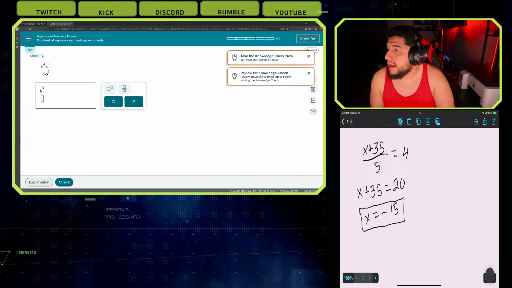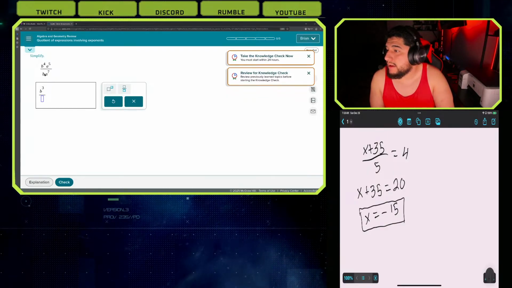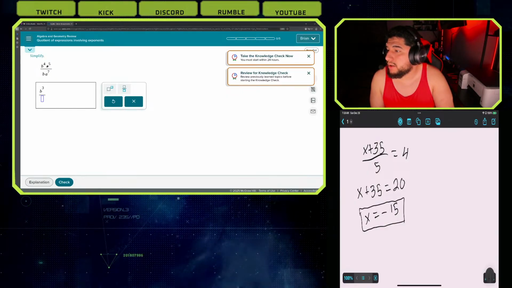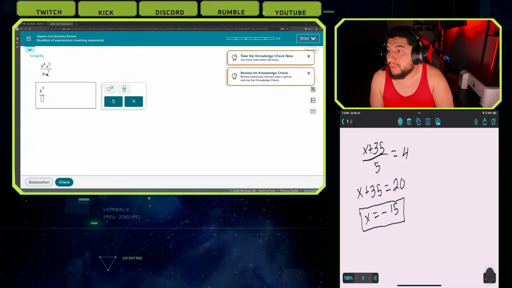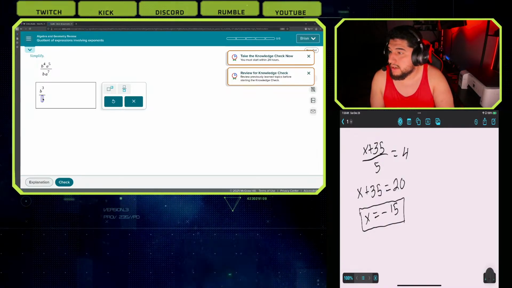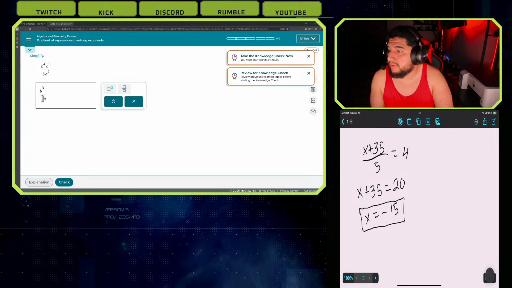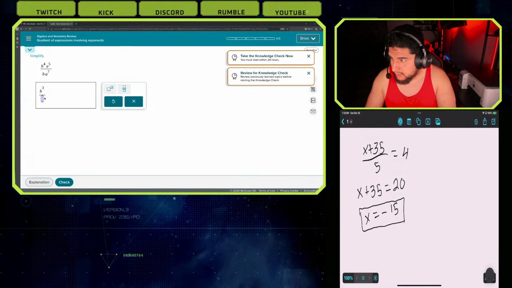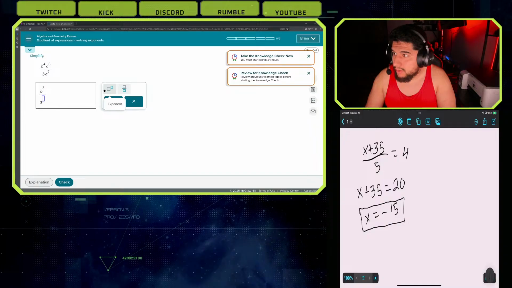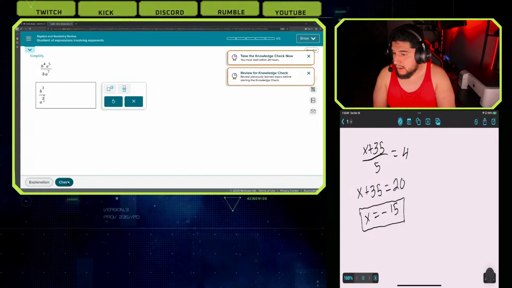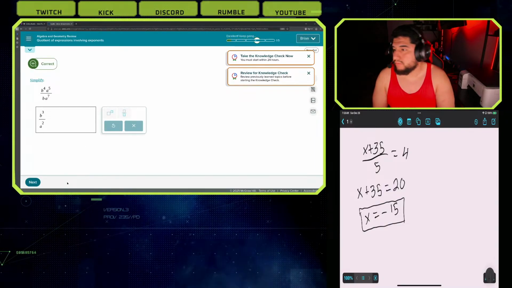Now, that means the A on top is going to disappear altogether, and the A on the bottom wins, so it's going to stay on the bottom. What is 7 minus 5? 2. So it's going to be A to the power of 2.